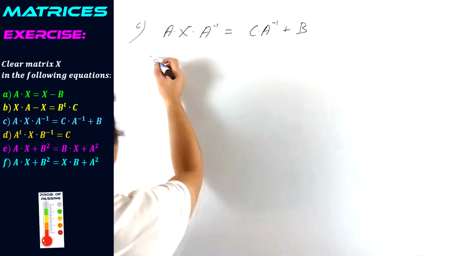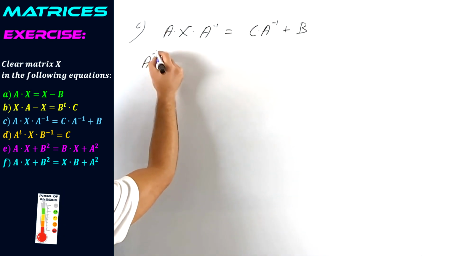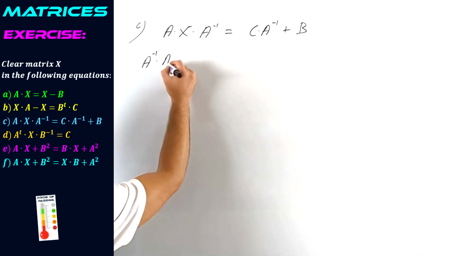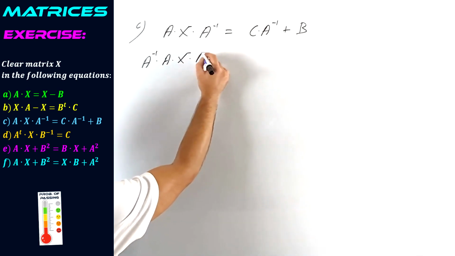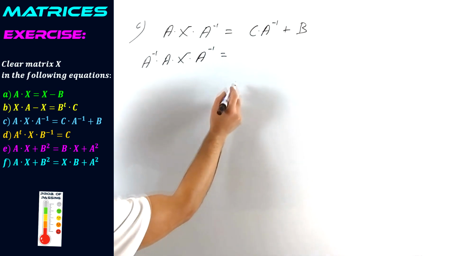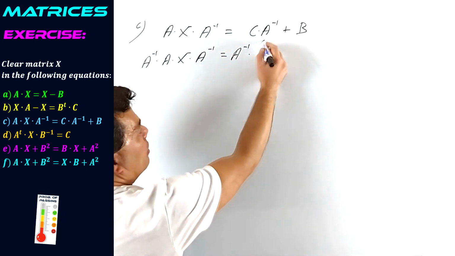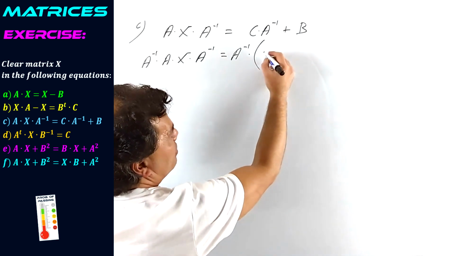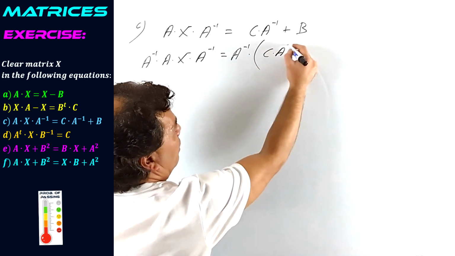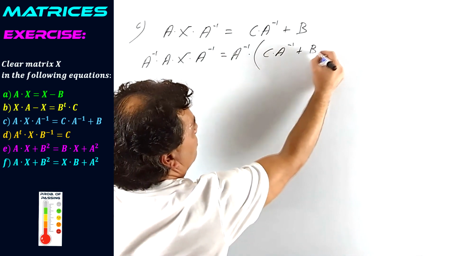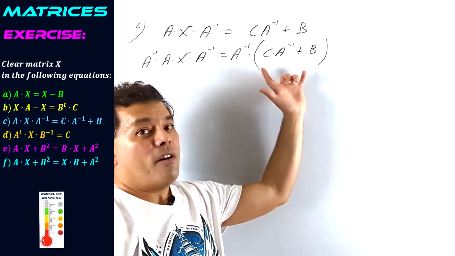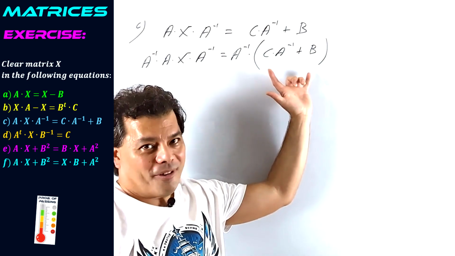Look, A to the negative 1 multiplying A, X, and A to the negative 1 again. And we are doing A to the negative 1 multiplying the right side, say multiplying A to the negative 1 plus B. Don't forget the parentheses because it is very, very important.